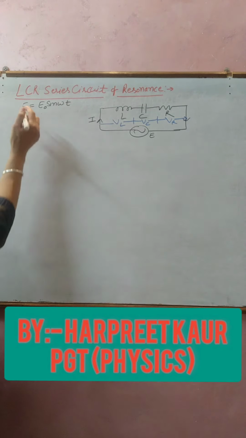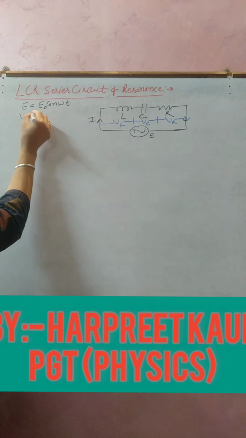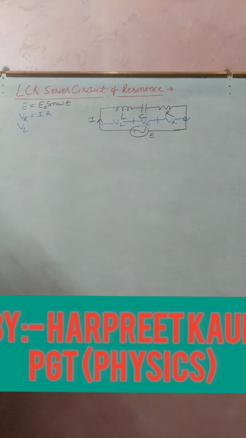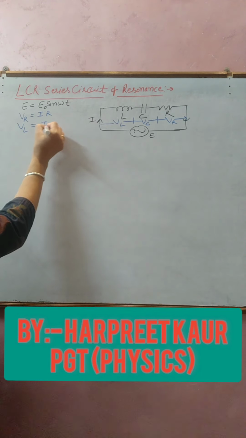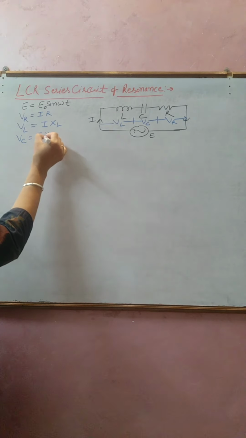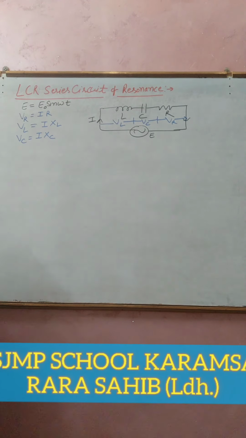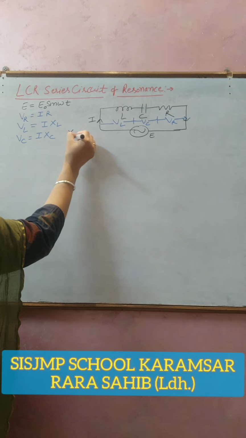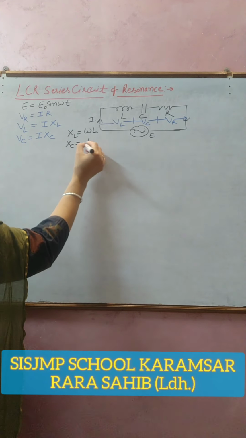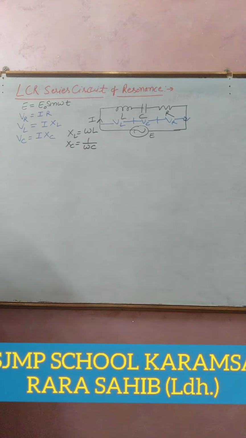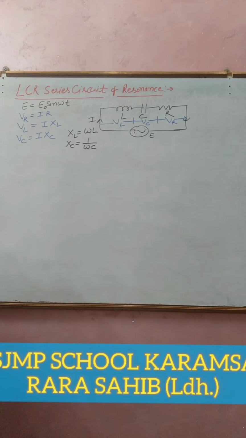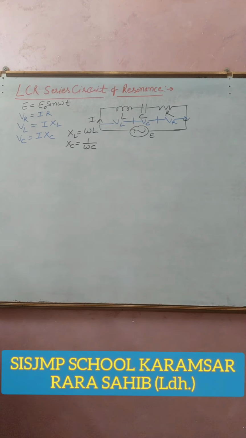Here VR is IR, VL, the voltage across the inductor, is I XL, and VC is I XC, where XL is the inductive reactance and XC is the capacitive reactance, and omega is the angular frequency of the alternating source.